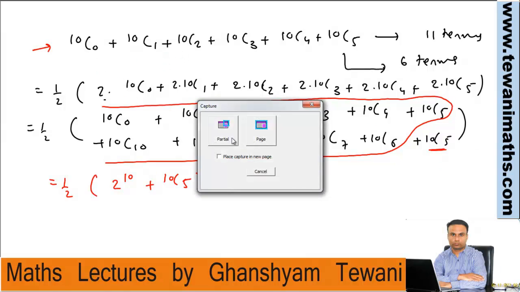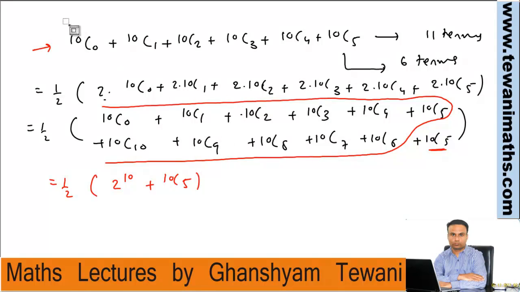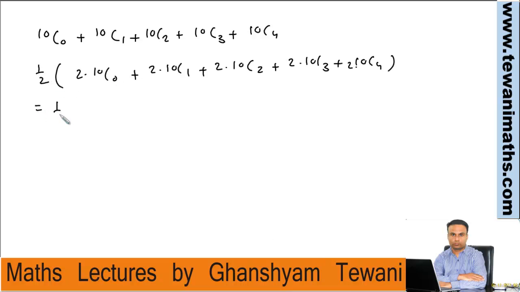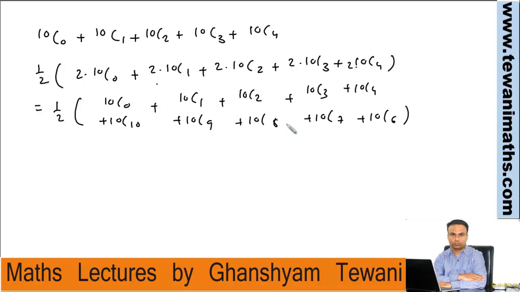If we have only the first 5 terms, then if we double these terms, we have this. We can write 10C0 2 times as 10C0 plus 10C10. Writing all other terms, we have this expansion. Now we have doubled these 5 terms, so how many terms do we have now? 10 terms.